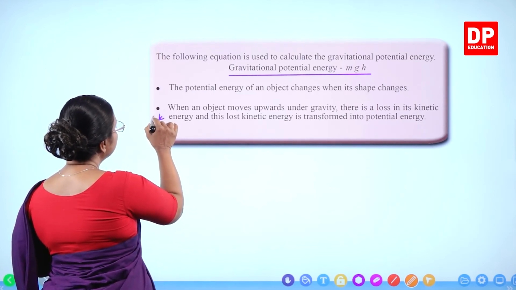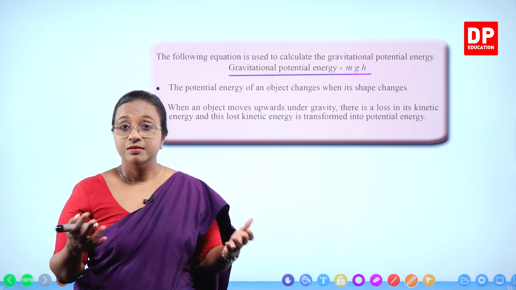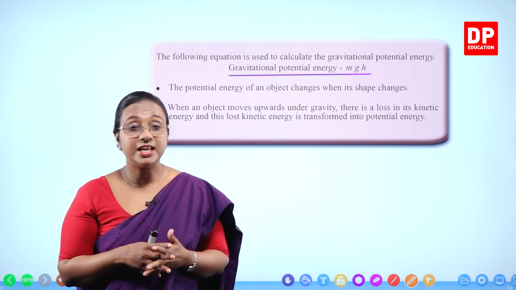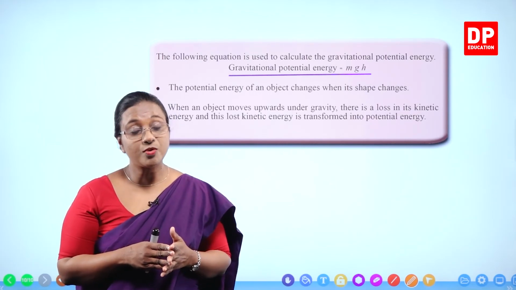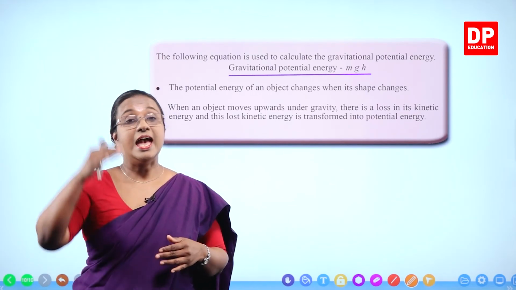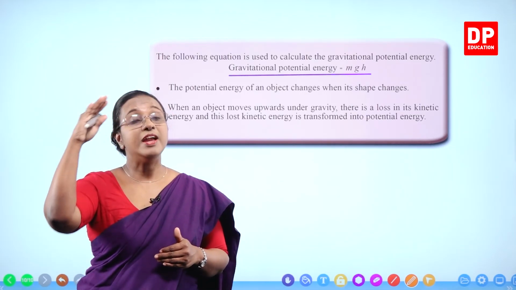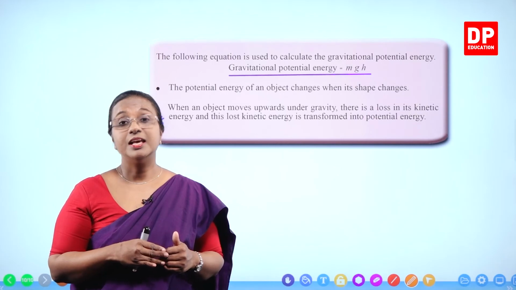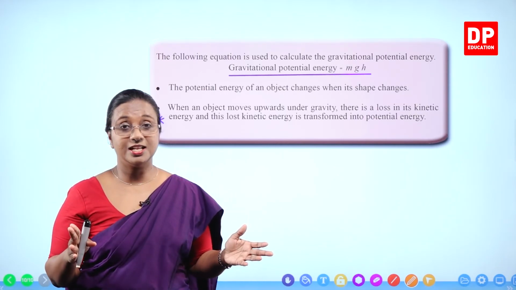So that is the energy conversion. When you are moving an object up, velocity decreases, so kinetic energy is lost. Then that kinetic energy is transformed into potential energy. And at the maximum height, it is the maximum potential energy. And when the object comes down again, that potential energy is in turn converted to kinetic energy.